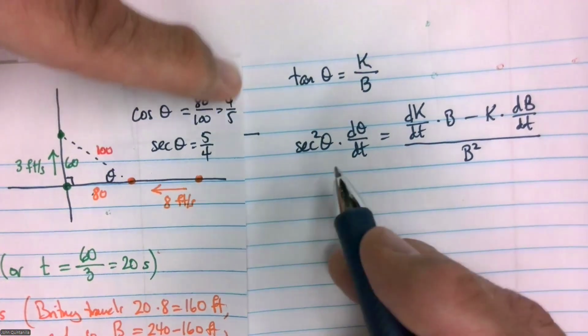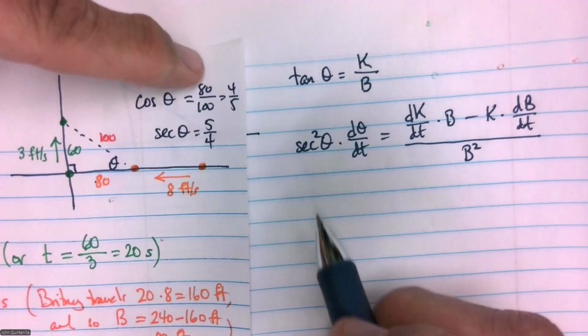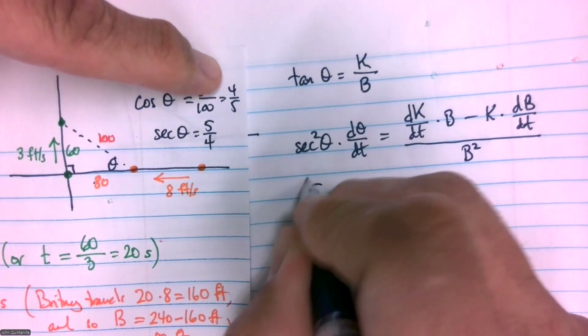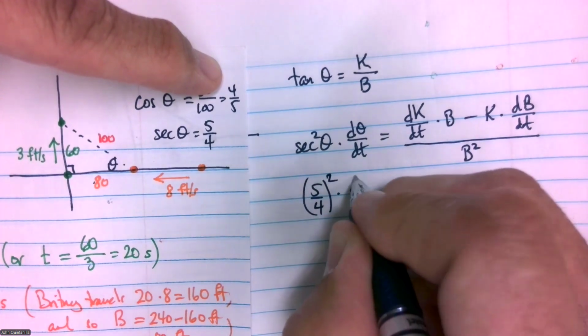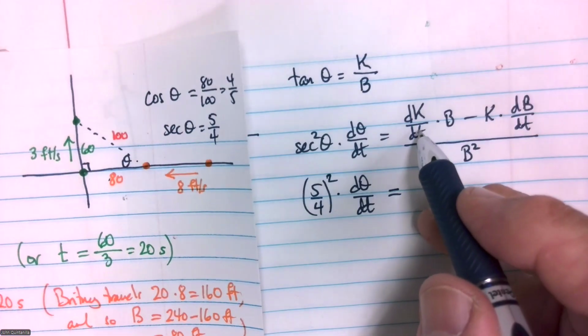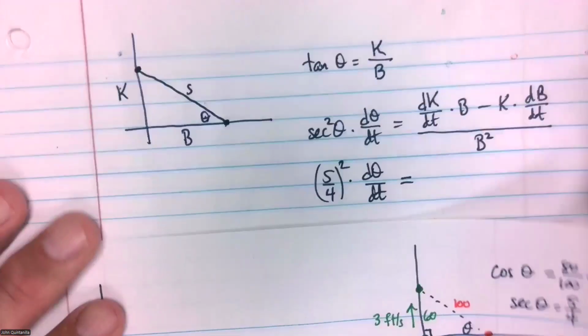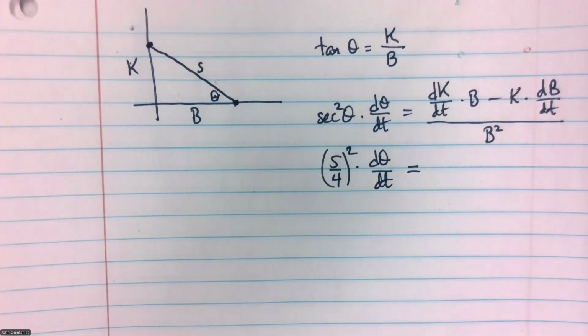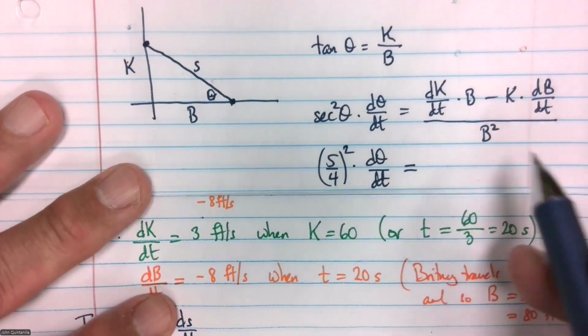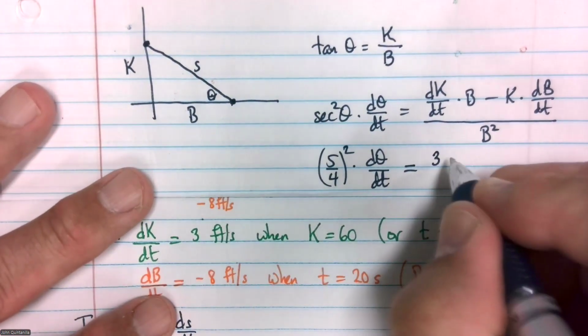And so with that, I now have all the information I need to be able to solve the problem. Secant of theta, that's (5/4) squared times d theta/dt. On the right-hand side, I now plug in the information that I had before. dk/dt was given to be 3 feet per second.